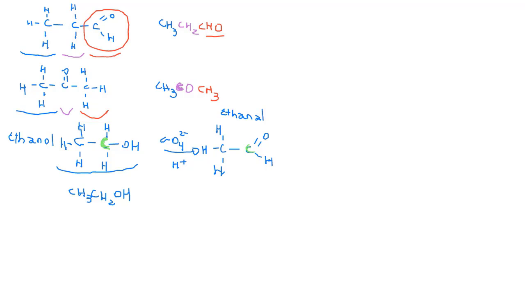And they are asking in the report to write the condensed formula for the original alcohol, which is our ethanol, and the product. This is our product. So how do we write the condensed formula? We write CH3CHO. Remember I just said that this is the condensed way that we write the aldehyde group. Very good.